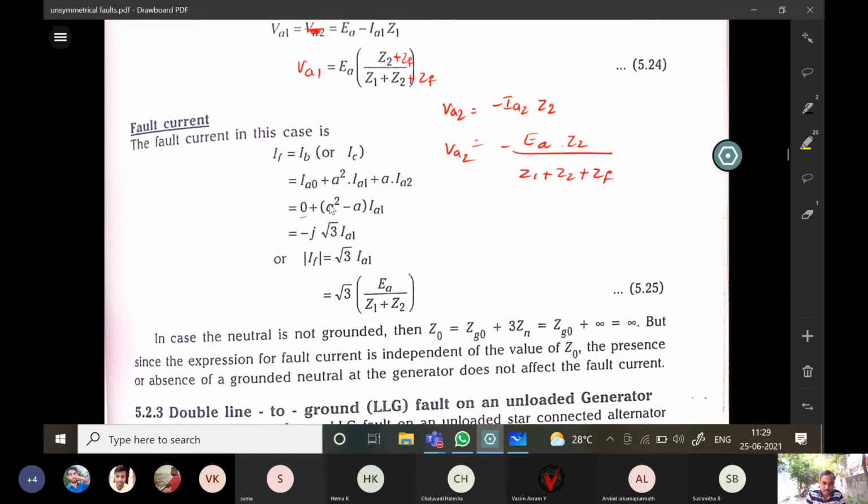Everything will be common as per the previous derivation. So finally you will get IF equal to root 3 times IA1. The only change is in IA1, root 3 times EA by (Z1 plus Z2 plus ZF). ZF is added here. So this is your fault current. Is it clear?